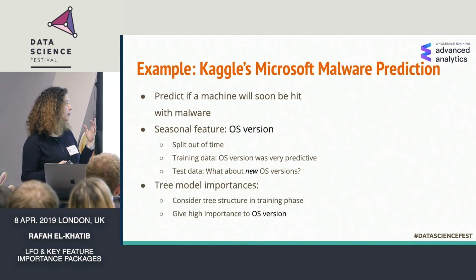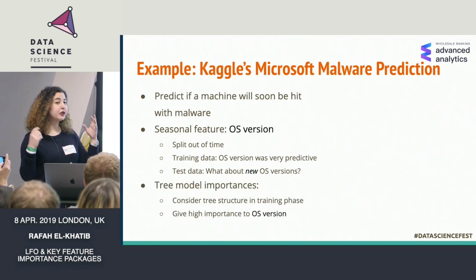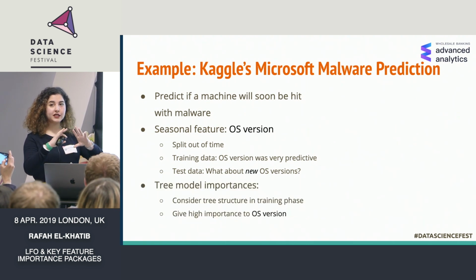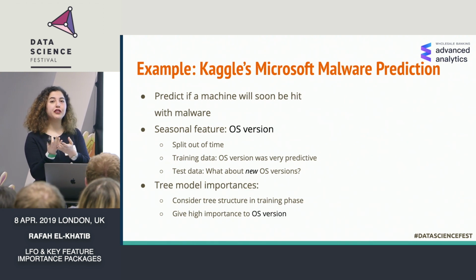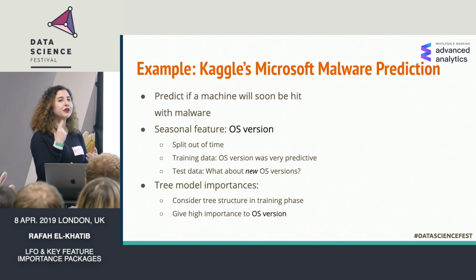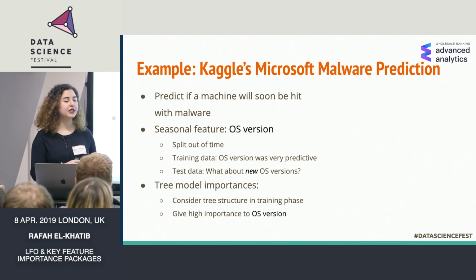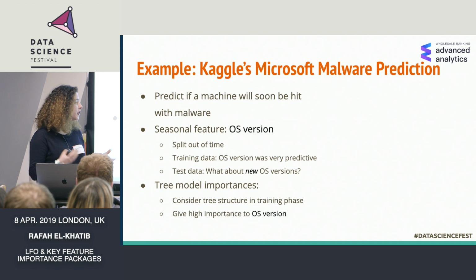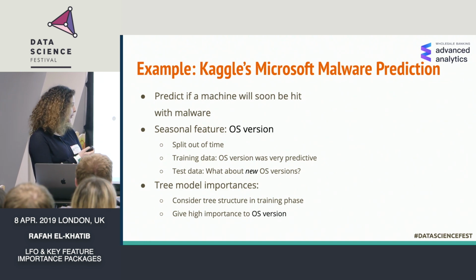that those importance metrics that we just mentioned will consider the tree structure in the training phase, and will learn associations between the OS version and whether or not there will be malware. And this is a very predictive feature, because some OS versions are more prone to bugs than others. So it will learn that this one is more prone to bugs, this one is not, etc. And then you give it the validation set with completely new versions, and it won't know what to do, or it will make the wrong kinds of deductions about them.